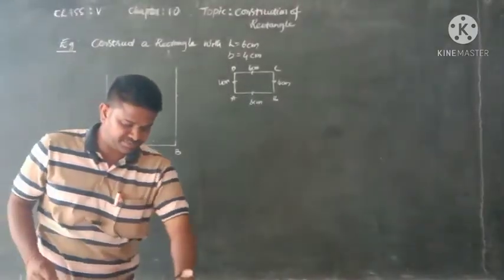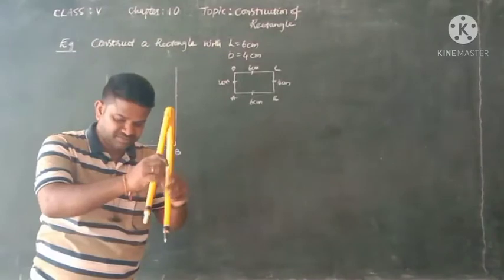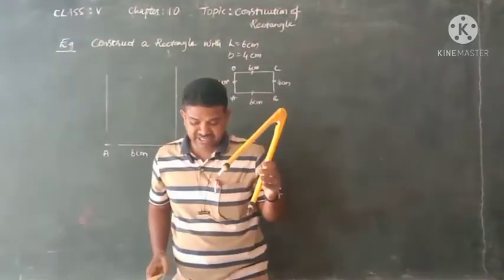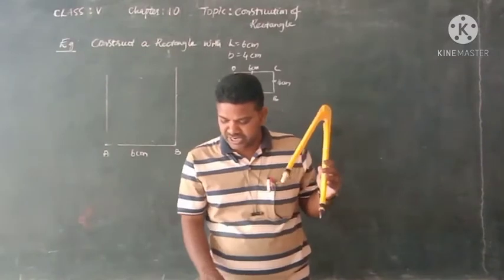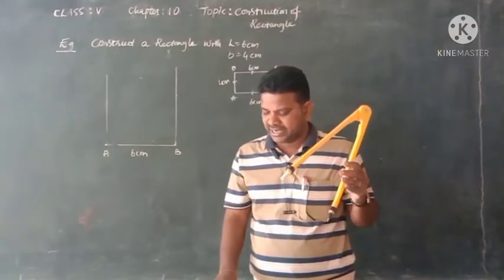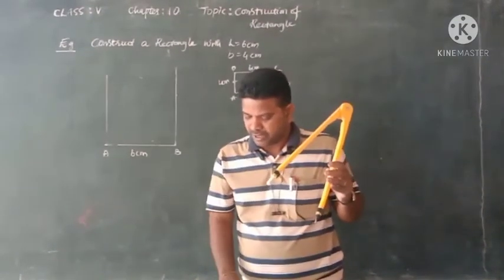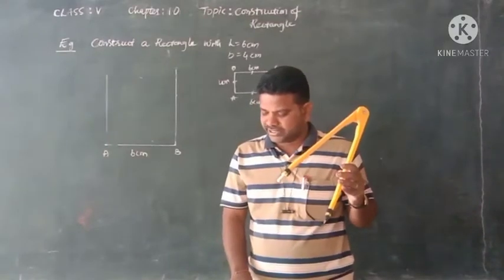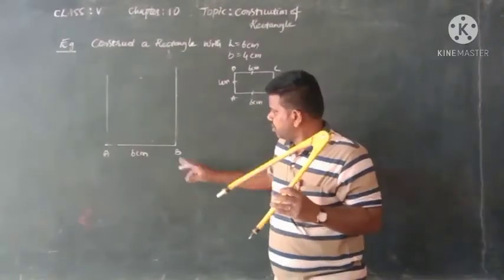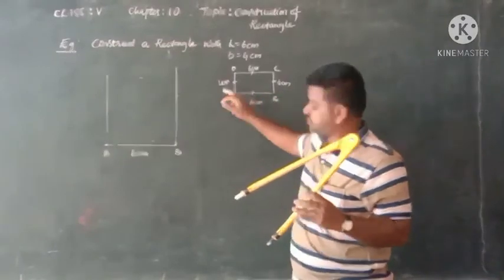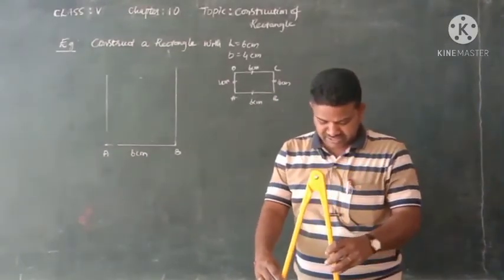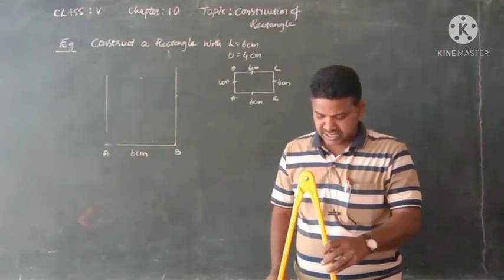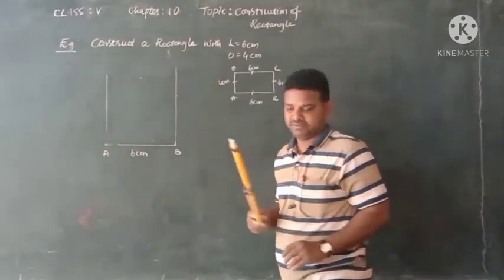Next, the third step. Take the compass and cut off AD and BC equal to the breadth of the rectangle from the lines drawn in step 2. Breadth is how much? 4 centimeters. So take 4 centimeters on the scale. Now this is the 4 centimeters.